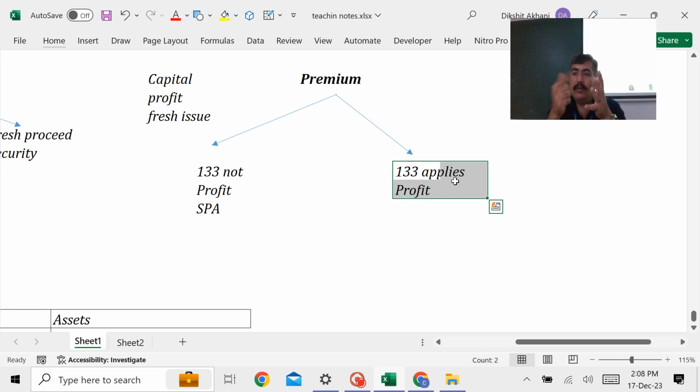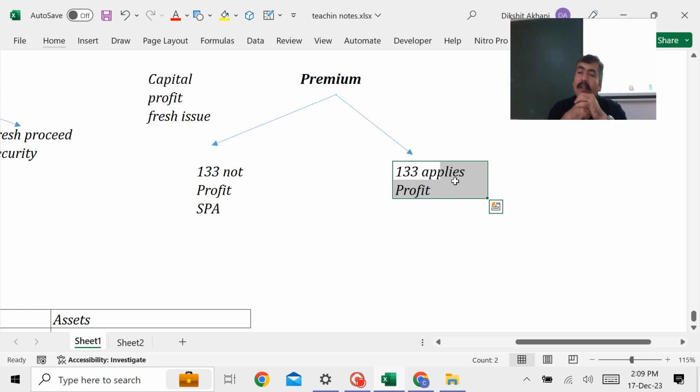And now law says if 133 applies, you can't use security premium account. Is it fair or unfair? Fine, you put a ban on the new preference shares we are issuing after 2013. तो वो ठीक है, पहले के जो कमिटमेंट हो चुके हैं उसके ऊपर क्यों आप हमको मना कर रहे हो?